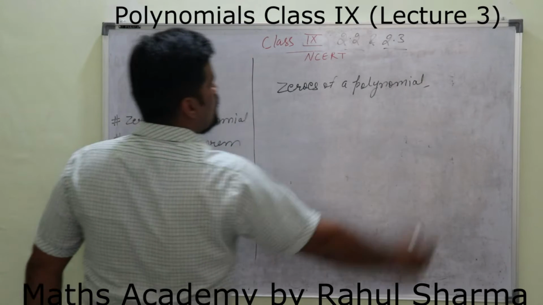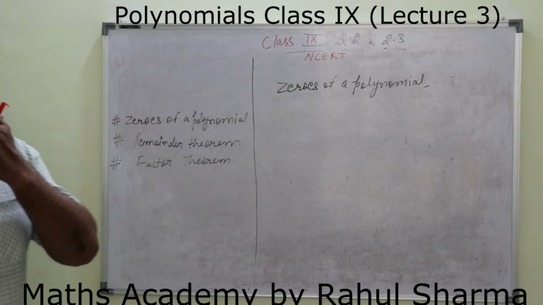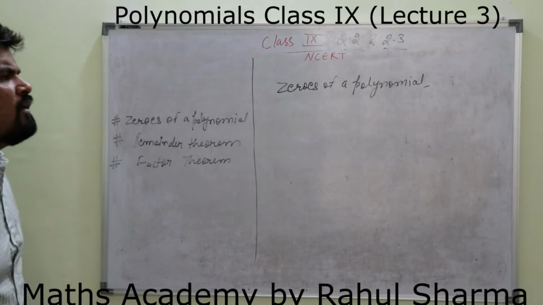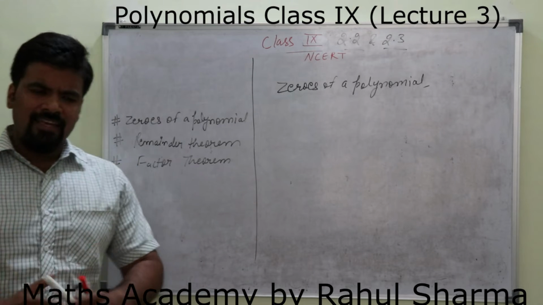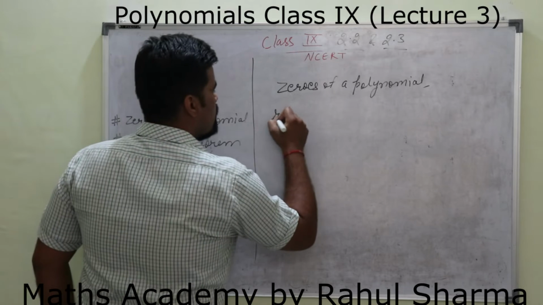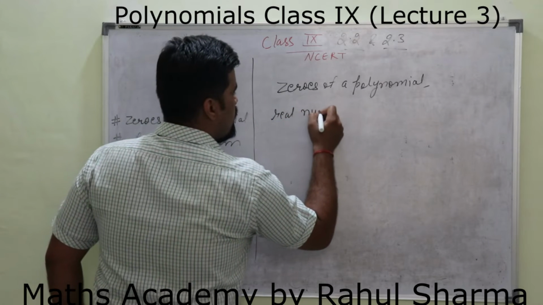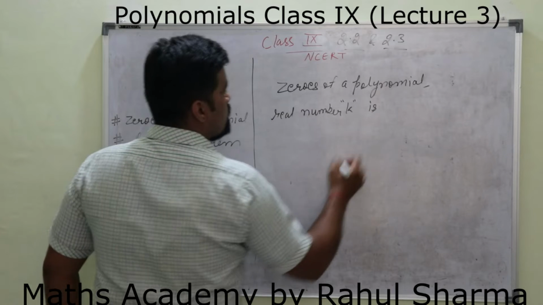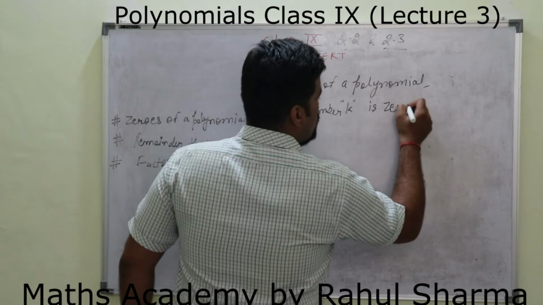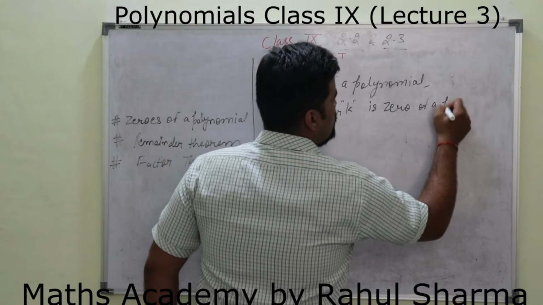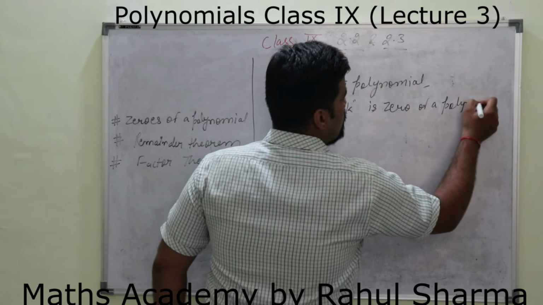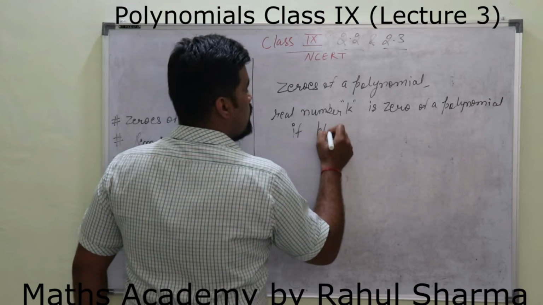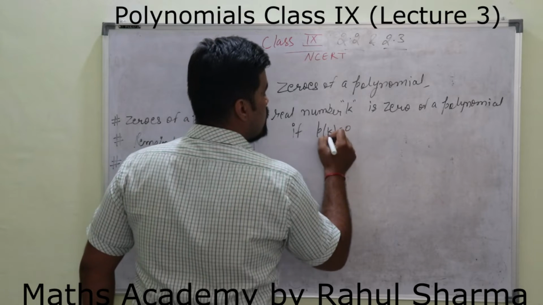Now, when we talk about zeros of a polynomial, if you ask about the definition of a zero of a polynomial, it is quite clear that any real number k is a zero of a polynomial if p(k) is equal to 0.